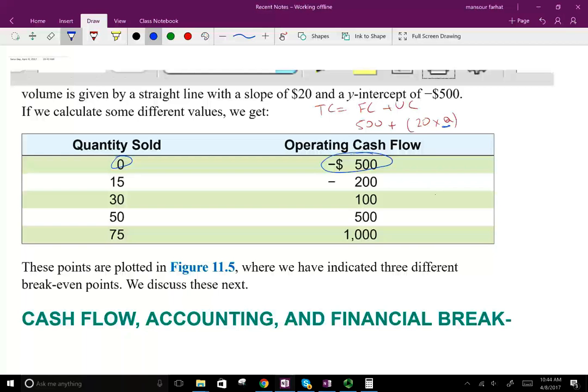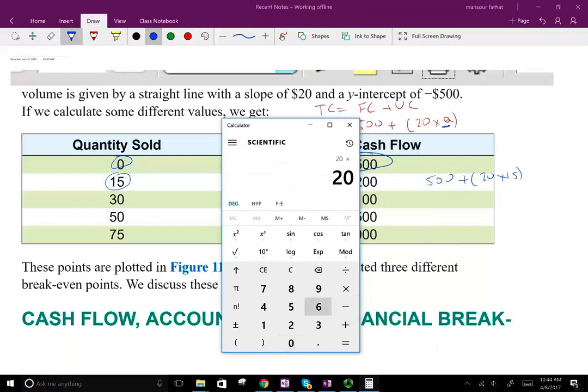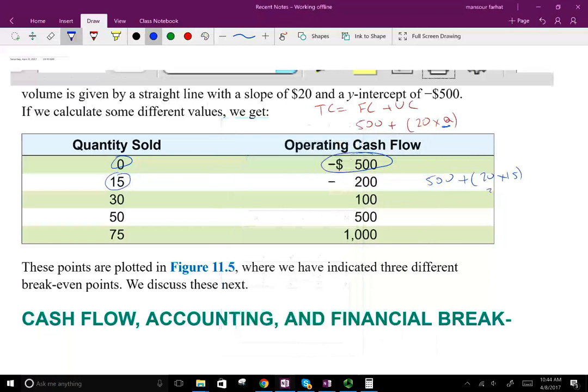If we sell 15, that's 500 plus 20 times 15, and 20 times 15 equals 300. We're still at a loss because the contribution isn't enough to cover the 500 fixed cost, so we're at negative 200.